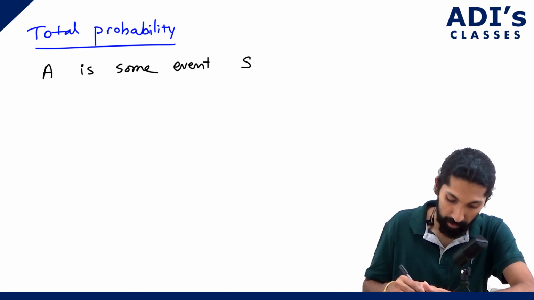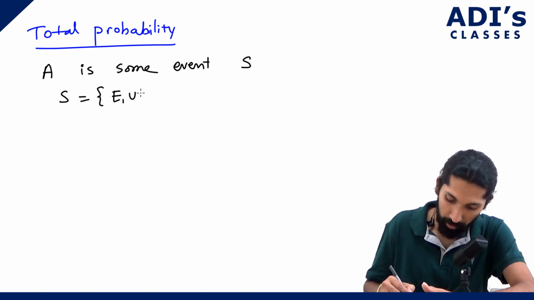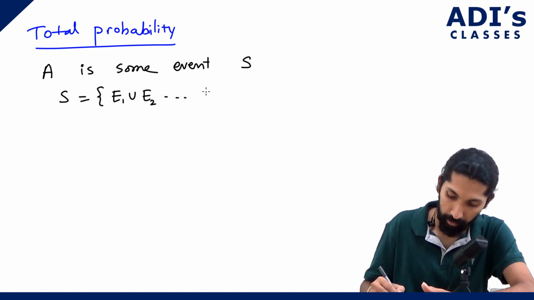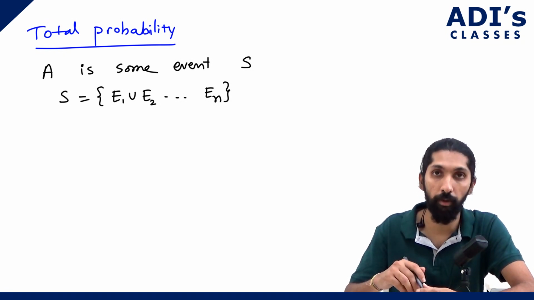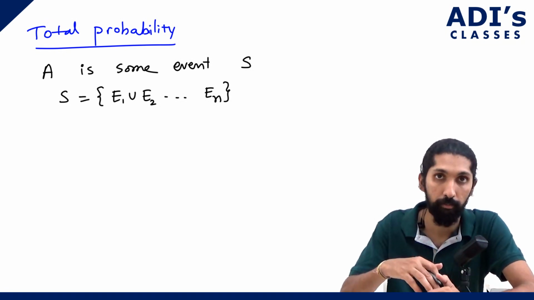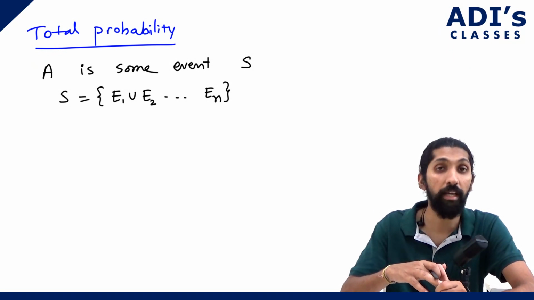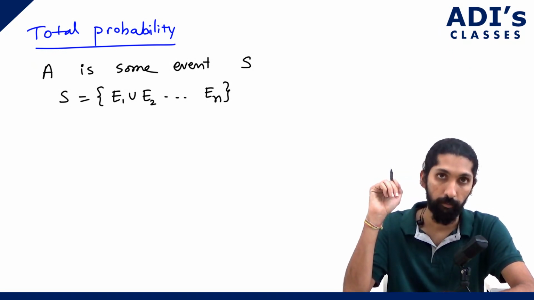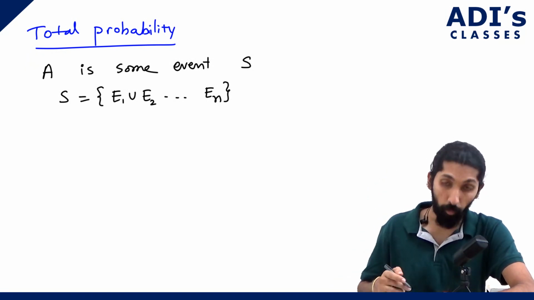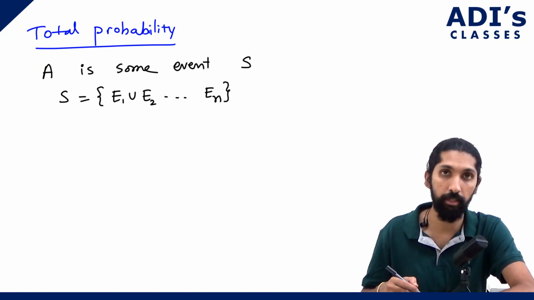That means S is nothing but E1 union E2 union E3 till En. So sample space S has been divided into multiple partitions, multiple parts, and event A is happening in that sample space S. Fair enough?